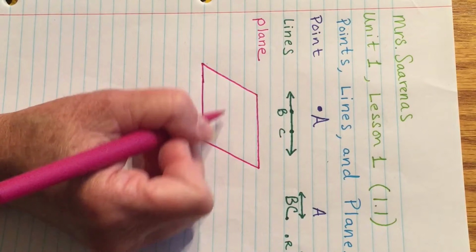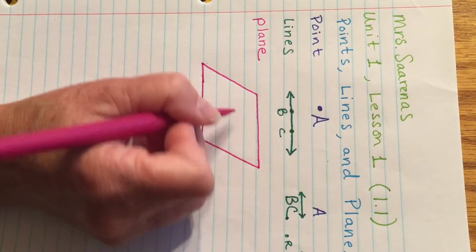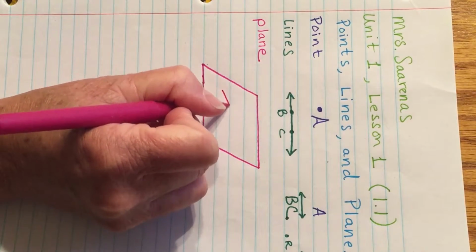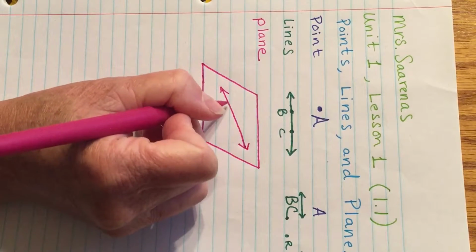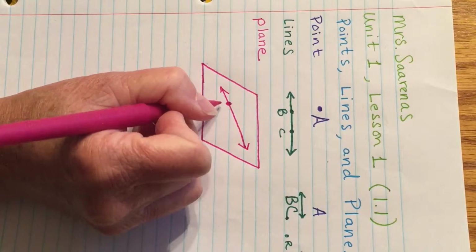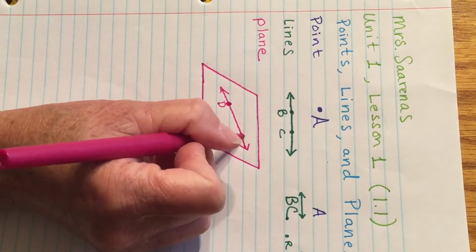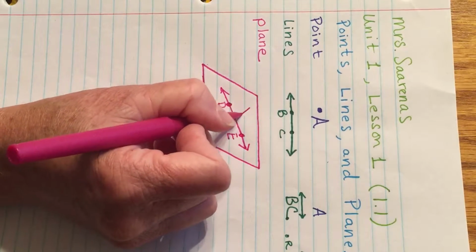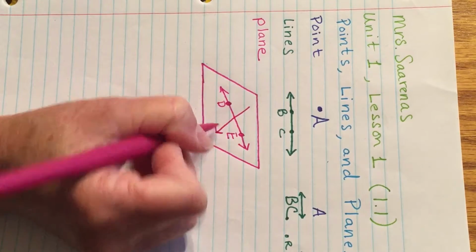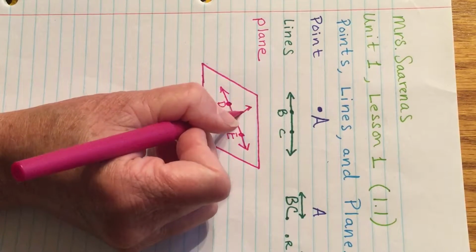Sitting on planes are many points. So sometimes we would put a line on top of a plane. It is contained in this plane. It has some points that make up that line, as well as other lines that could be put on there.